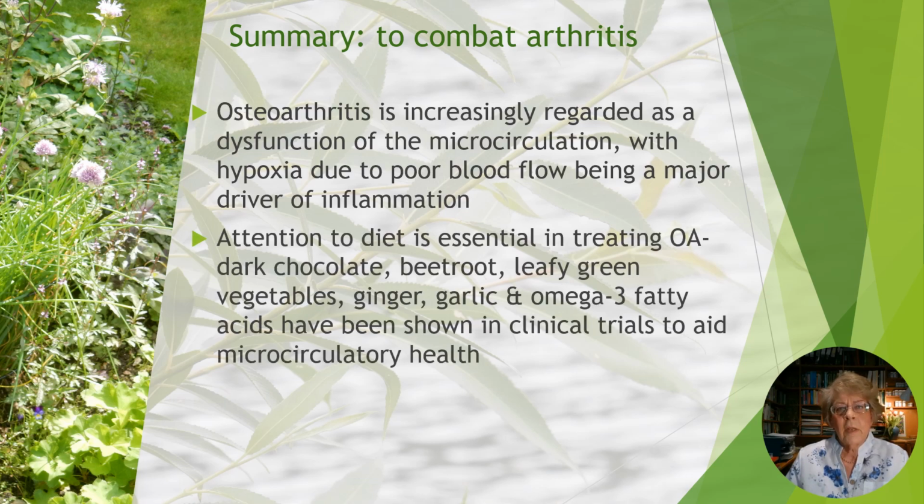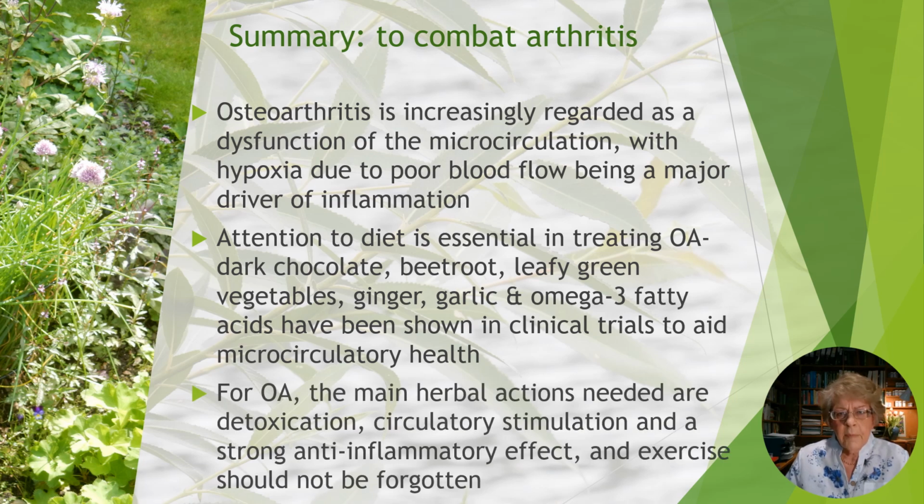So in summary then, arthritis is, as I mentioned, increasingly regarded as a dysfunction of the microcirculation, with hypoxia due to poor blood flow being a major driver of the inflammation. Attention to diet is essential in treating OA. Dark chocolate, beetroot, leafy green vegetables, ginger, garlic, and omega-3 fish oil have all been shown in clinical trials to aid microcirculatory health.